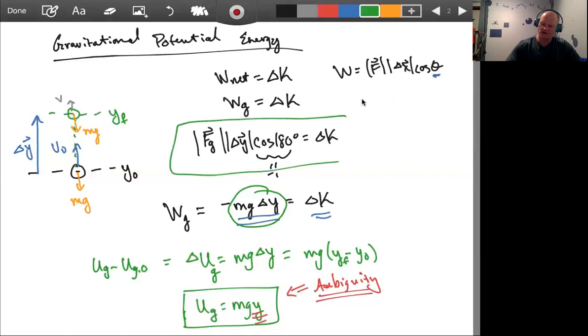But as we can see here, when it comes to the work, and in this statement of throwing this bottle or eraser or whatever we're throwing into the air, what's actually more important is not the absolute value of the potential at given points, but the change in potential energy. So the way we get around this ambiguity is to not care about the actual value of the potential, but only to care about changes in potential.